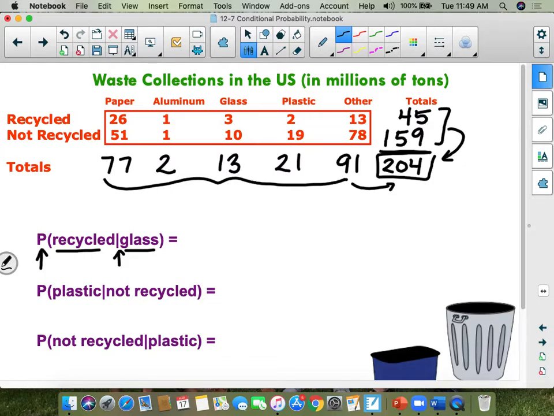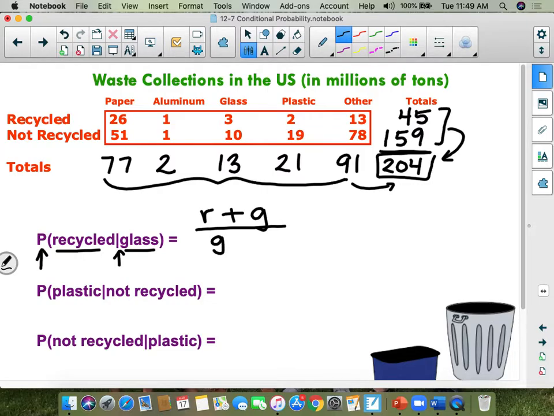And basically, this is the formula for conditional probability. And I'm going to just keep writing the formula out so you can understand it, because you've never done this before. You have to do recycled and glass goes on the top. So both of those go on the top, divided by only the second one goes on the bottom.